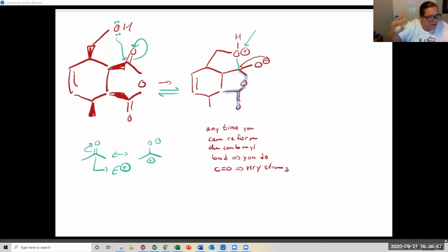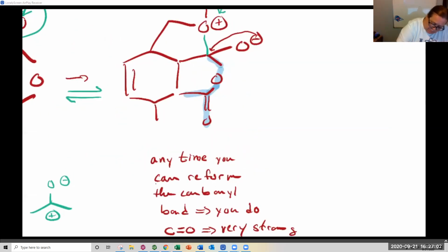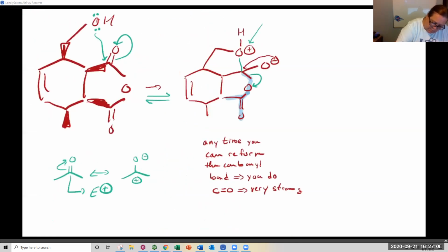Anyways, anytime you think that there's another pathway that a reaction can proceed in that makes chemical sense, you're probably right. But there are tricks that we can employ to push one reaction pathway, have it favored over another. And so that's the case here. As I reform this carbonyl, this leaves, and it's going to come off as an acetate group.